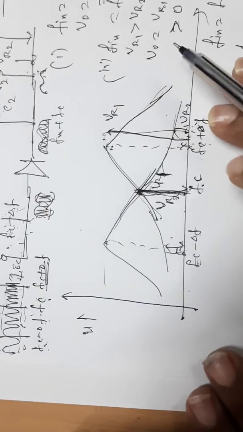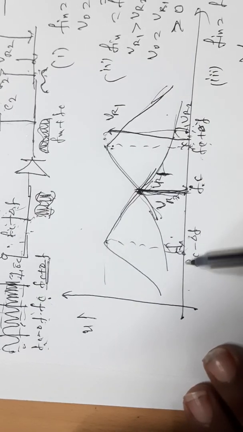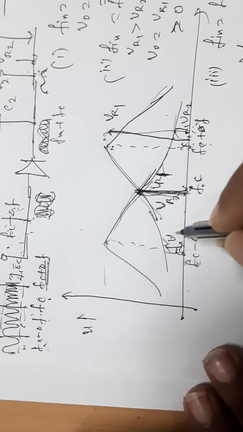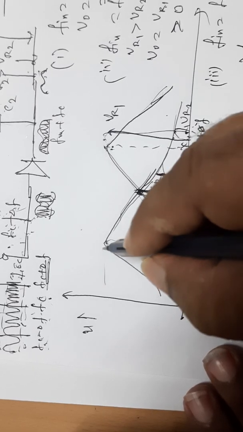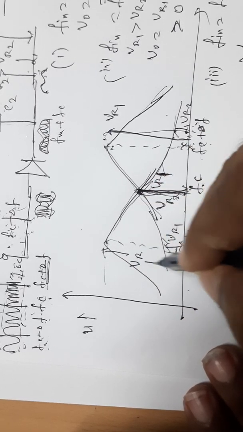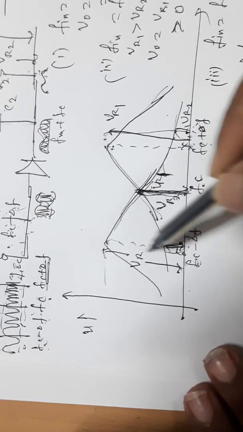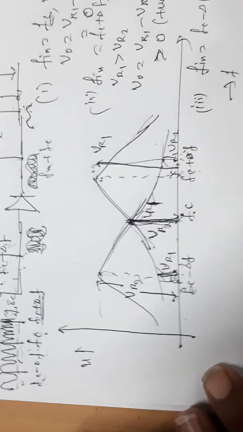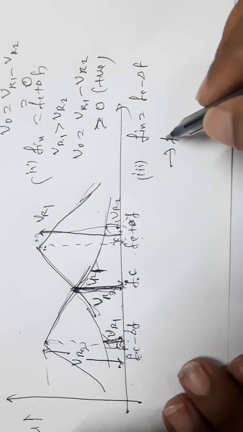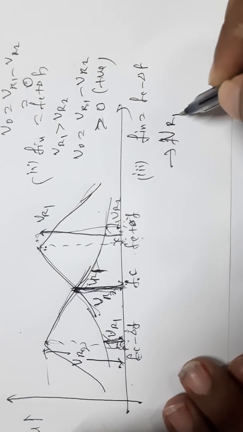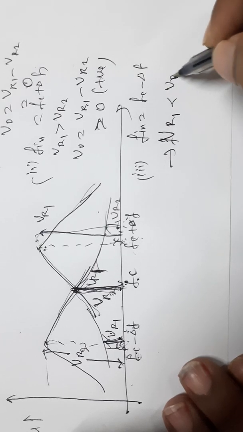This is VR1, this is VR2. So at Fc minus delta F, VR1 is less and VR2 is more.